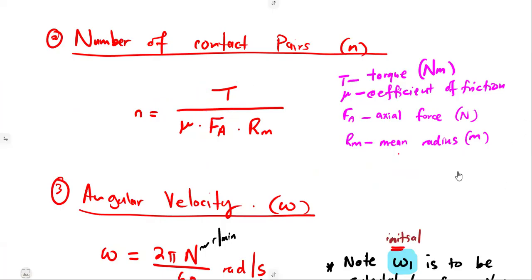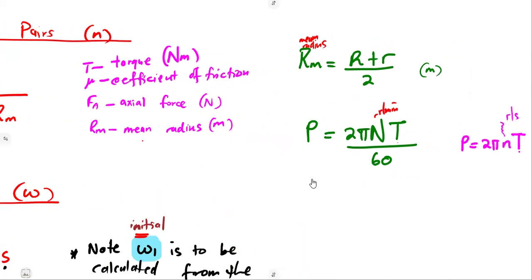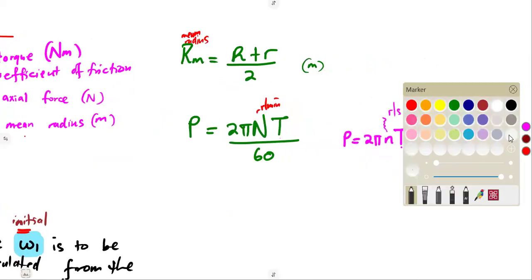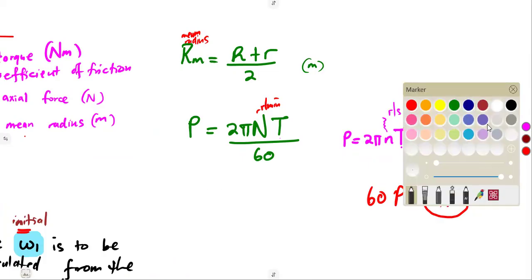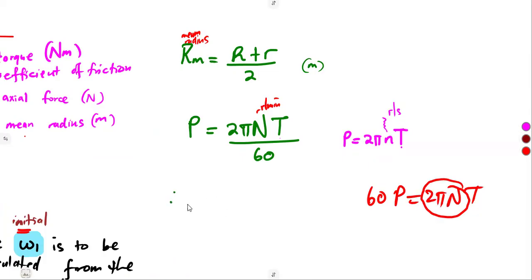So maybe we're not given that, they give us power. Where are we going to have that torque from? Guys, we can make it the subject by cross multiplying. It's going to be 60P is equal to 2 pi n t, because this is the same as over 1. So you cross multiply. So meaning to say, to make t the subject, we're going to divide by what? By 2 pi n. So from this consideration, it follows that torque is equal to 60P, which is the power, over 2 pi n.